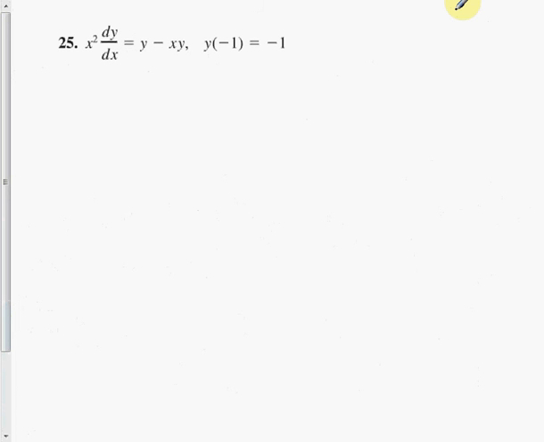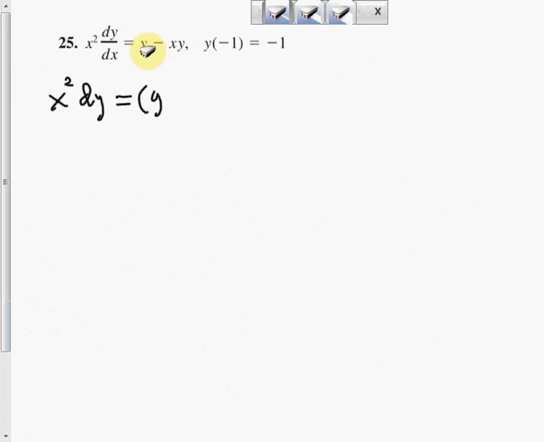I'm going to skip 2-3 and go to 2-4, and then we'll come back to 2-3 next week. Let's see. So we're going to multiply both sides by dx. So you get x squared dy is equal to parentheses. And we need to go ahead and factor out a y, which is common. Do you see that? y is common in those two.